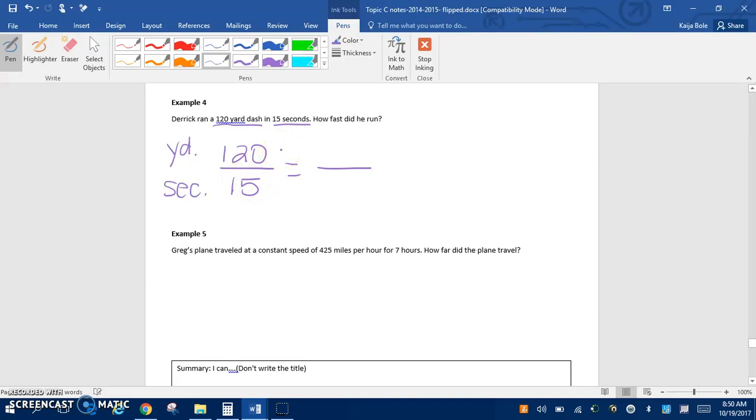They want to know how fast, so his speed. That means we're looking for seconds. How fast did he do it? If we're trying to find out how fast, we're going to try to find out for 1 yard. This is kind of the same as the unit rate. So to get from 120 to 1, we divide by 120. We're going to do the same thing over here.